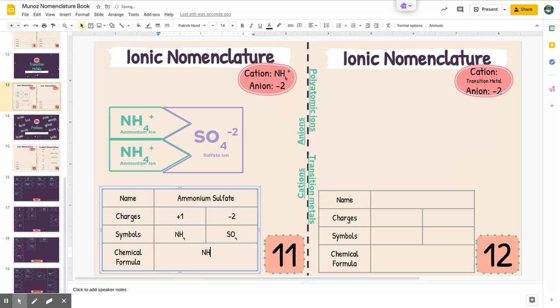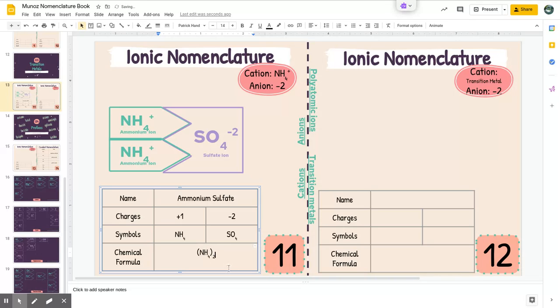And so if I were to make normally 2 NH4s or 2 of whatever my cation is, it kind of looks like NH42, and that's not right. So we use parentheses in this case to represent that I have 2 of those.